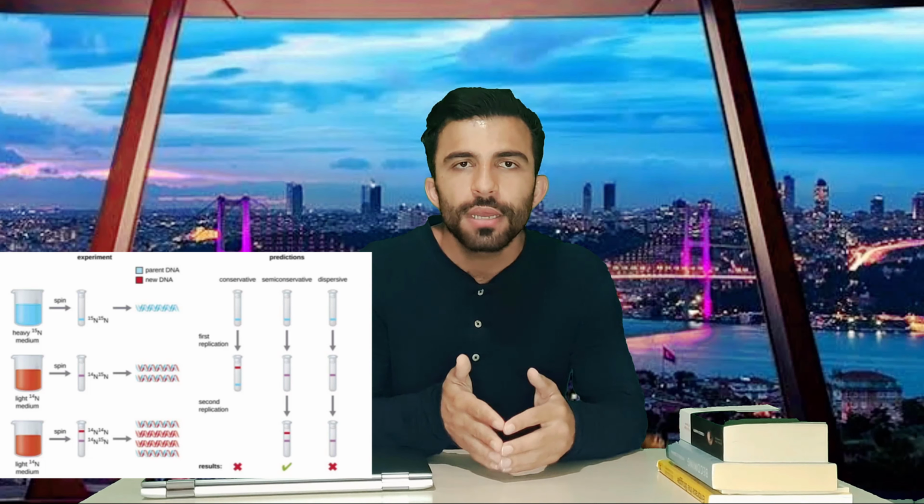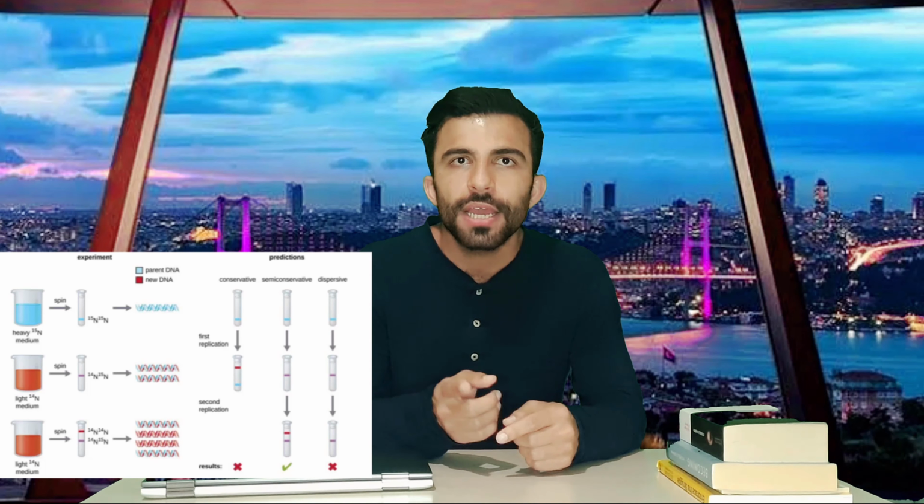However, after one round of replication, you wouldn't be able to tell the difference between the semi-conservative and dispersive models. For that, you have to do a second round of replication. In this case, semi-conservative would result in a product that would either have 14 and 15 nitrogen mixed together or be completely 14, while the dispersive model would still have a single band of DNA that has 15 and 14 nitrogen mixed together.